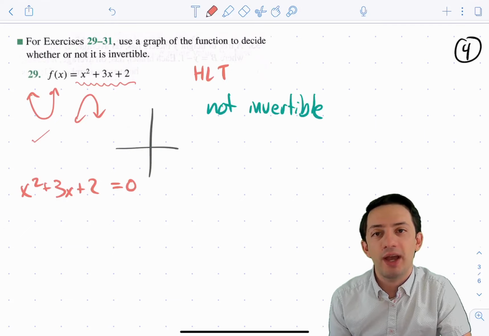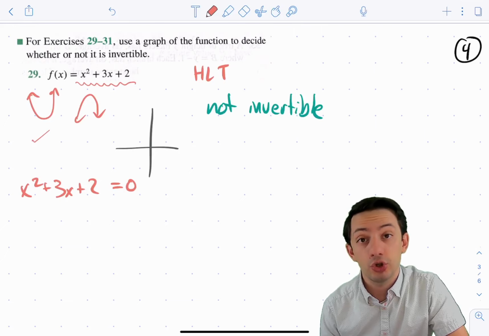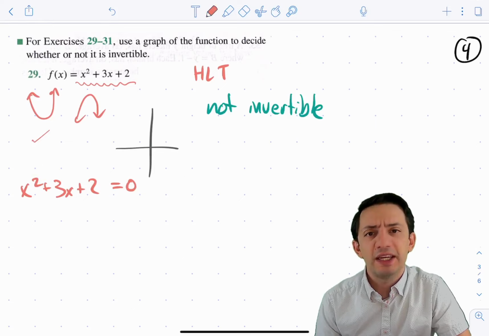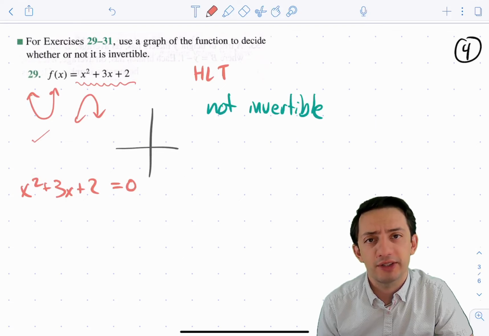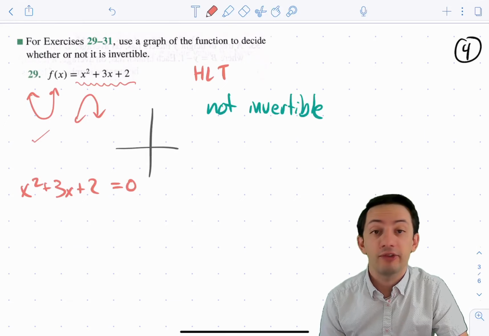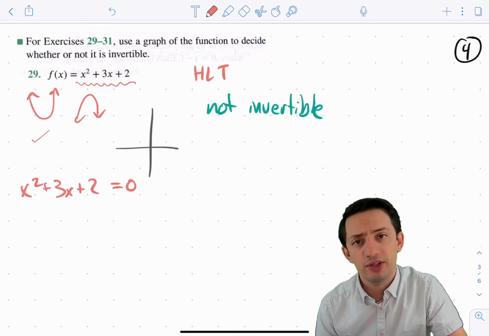So the easiest way to figure out where a degree 2 polynomial like this crosses the x-axis, because it's a quadratic, is to factor it if it factors nicely. If it doesn't factor nicely, then you use the quadratic formula. So we have to think, how can this factor?